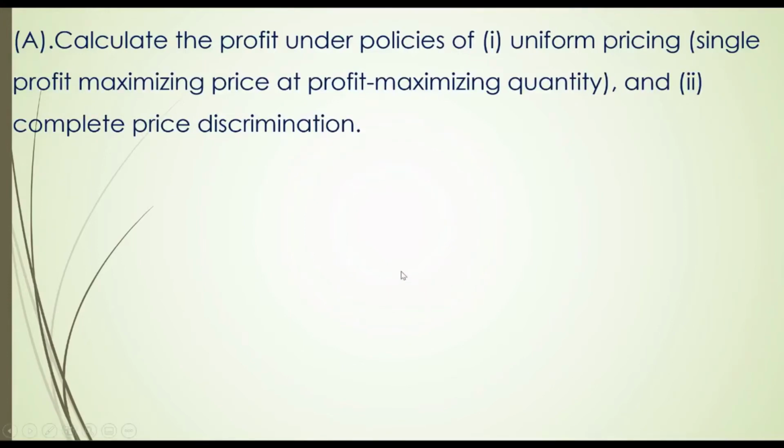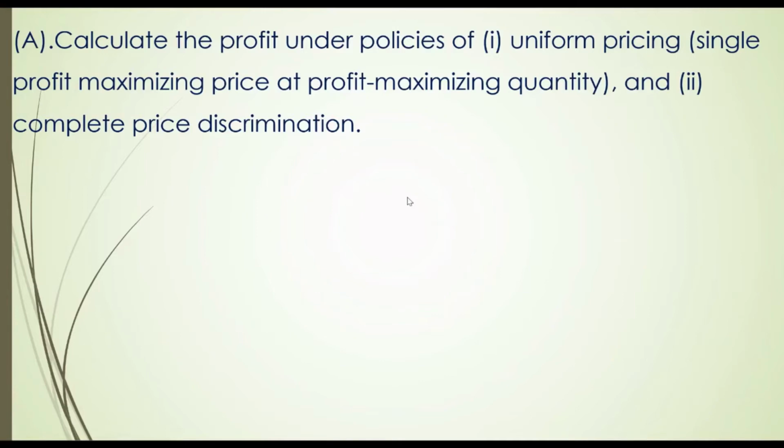So the first question: calculate the profit under policies of, first, uniform pricing, a single profit-maximizing price at the profit-maximizing quantity, and second, complete price discrimination. So first, under uniform pricing, the profit-maximizing quantity is where marginal revenue equals marginal cost, or quantity equals 3,000, referring to the figure.